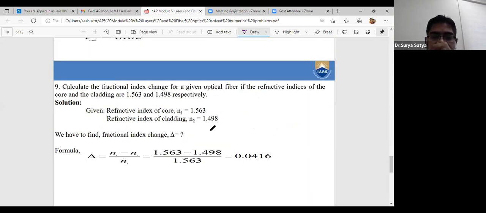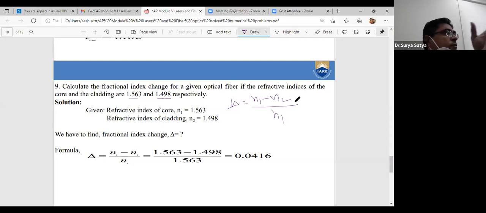Calculate the fractional refractive index change for an optical fiber if the refractive index of the core and cladding are 1.563 and 1.498. So what is the expression? Delta equals N1 minus N2 by N1, where N1 minus N2 is the difference between the refractive index of core and cladding, to the ratio of refractive index of the core.